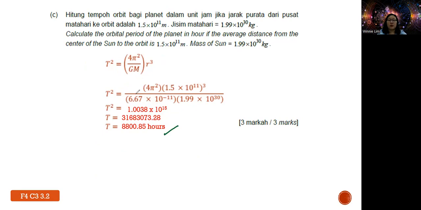So the value of G is 6.67 times 10 power of negative 11. Okay, so because there will be a lot of square cube, so whenever you solve any question involving the topic under gravitation, it's good that you actually press your calculator a few times to avoid any mistake done.